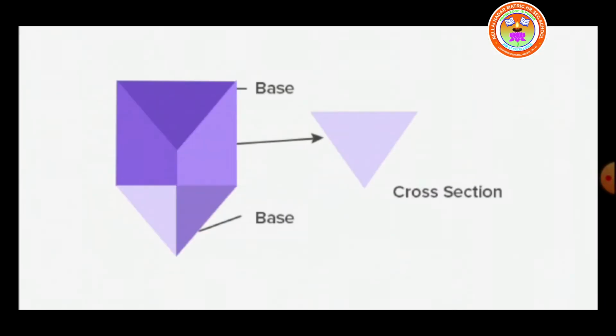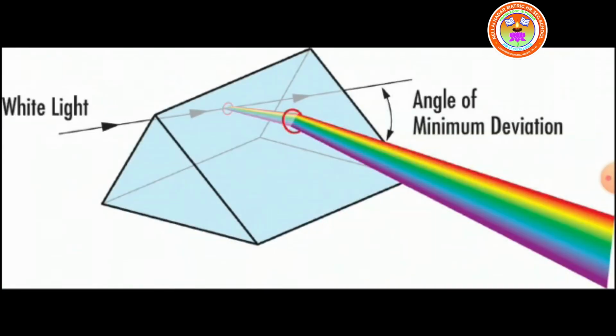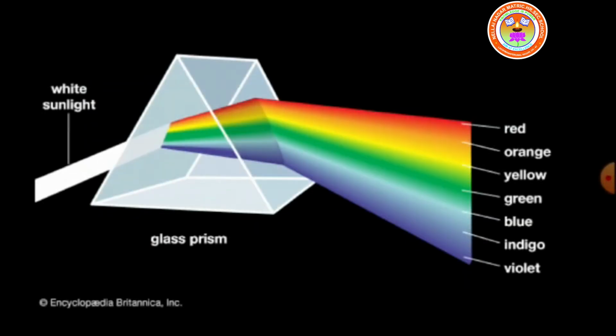When white light is passed through a prism, which is shown in the figure here, the colors of the rainbow emerge from the prism. You can see this clearly in this figure.